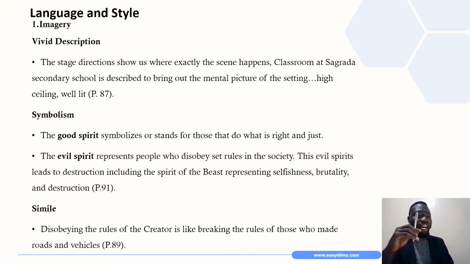Now, looking at the stage direction of the scene, as the scene begins, we are told that it is Friday morning in a classroom at Sagrada Secondary School. The classroom has a high ceiling and is well lit by natural light. The chairs and desks are arranged in 3 rows.